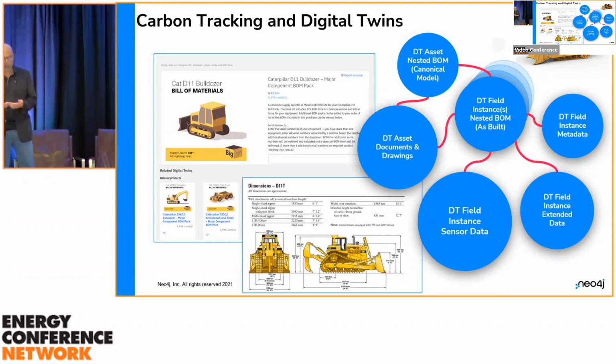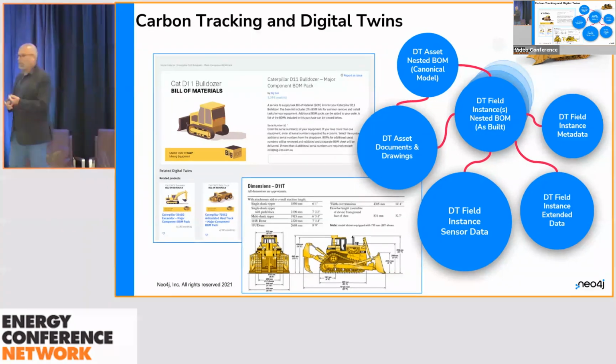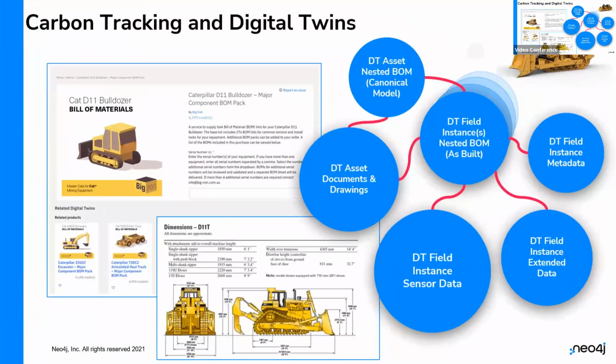The proposition I'm going to make to you is that a graph database is an excellent way to manage your digital twin data. It's an excellent way to link all of those sensors back to the equipment that they're on. It's an excellent way to query for common things like a vendor or a particular contractor or a particular model of a compressor, for example.